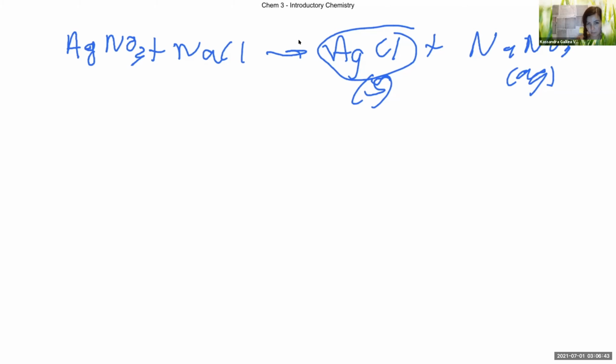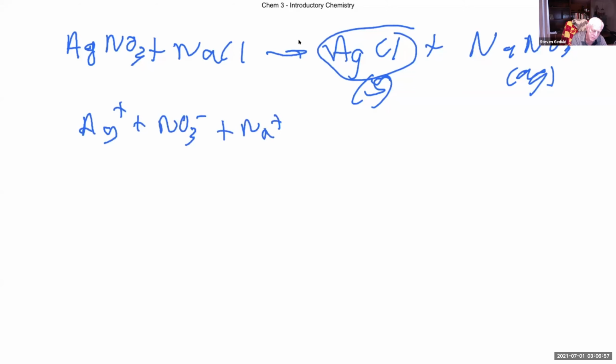Okay. But now, if you want to write the net ionic equation, then you would write the total ionic equation. We did this, Ag plus NO3 minus plus Na plus Cl minus, because those are all dissolved. They don't have to precipitate.